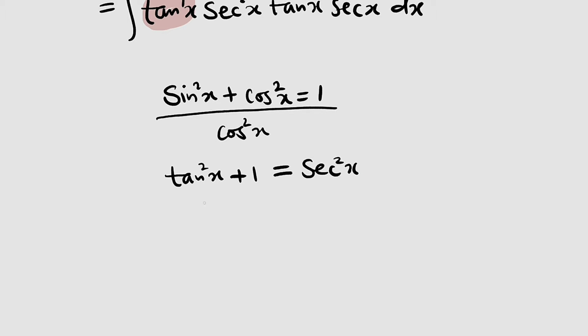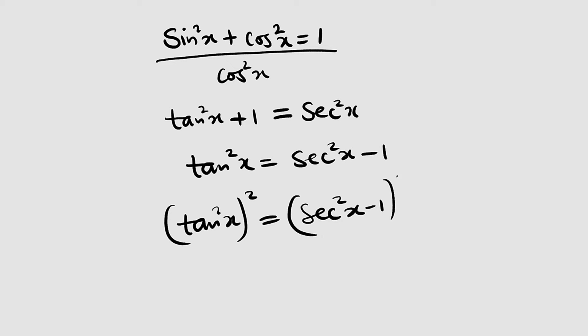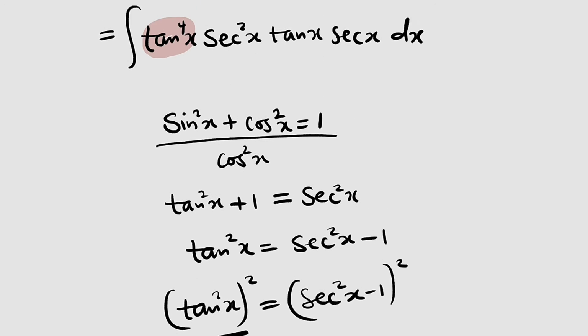If you take 1 to the right hand side, we have tan squared x equal to secant squared x minus 1. If you square both sides, you have tan squared x all squared equal to secant squared x minus 1 also all squared. Remember, this is the same thing as tan to the fourth of x.